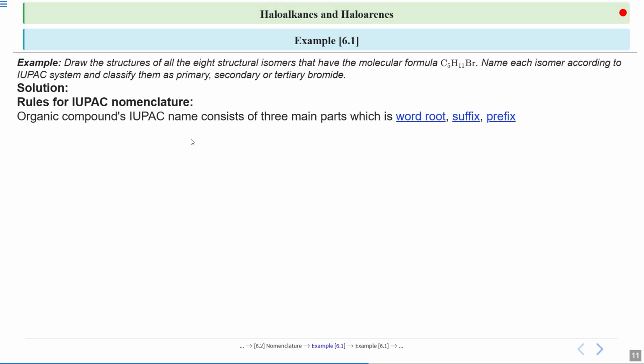An organic compound's IUPAC name consists of three main parts: word root, suffix and prefix. So whatever organic compound you have, its IUPAC name will contain three main parts. First is the word root, then you add the suffix, and then you add the prefix.